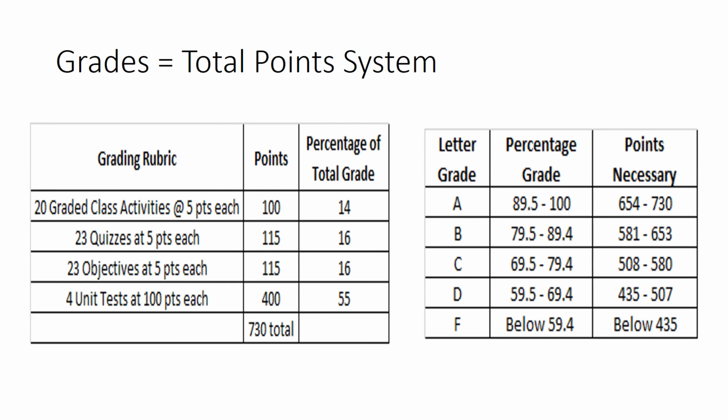And anything that's an 89.5 or higher is an A. Now, 654 points is the cutoff. If you earn 653 points for the semester, then you have earned a really, really high B, but it's not an A. 654 is the cutoff for an A. You can see the cutoffs for the other grade levels there as well.